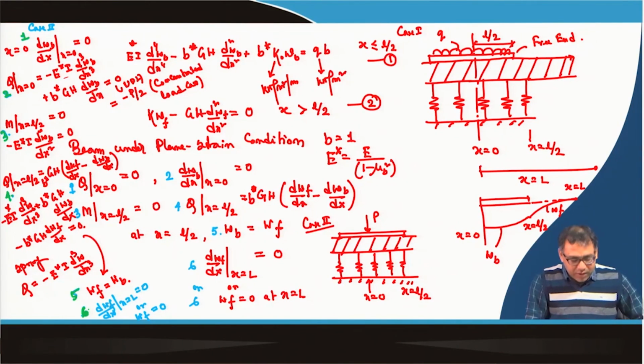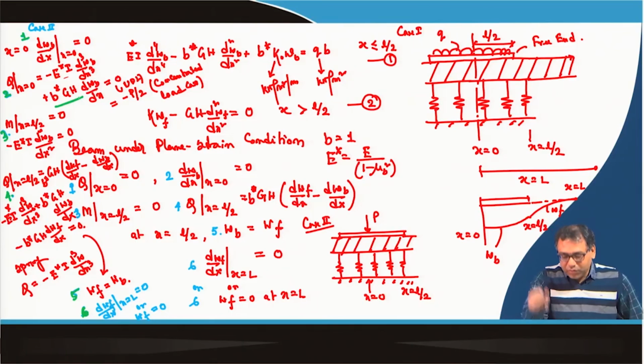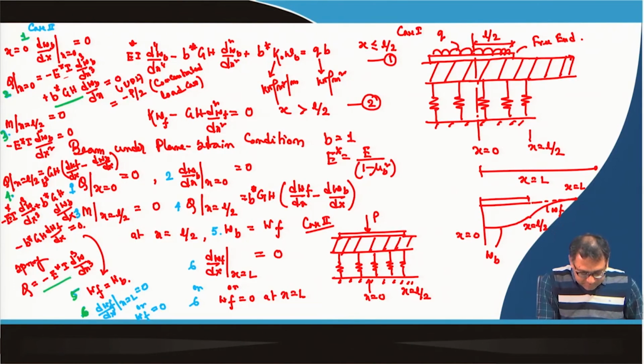And one thing, that in case of beam resting on spring, your shear force equation is simple E dash I d3 w by dx3, but here a second term, the contribution due to the shear layer, you have to incorporate. This term is incorporated due to the shear layer, but for the spring this second term is not there.